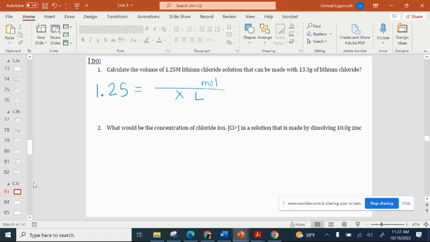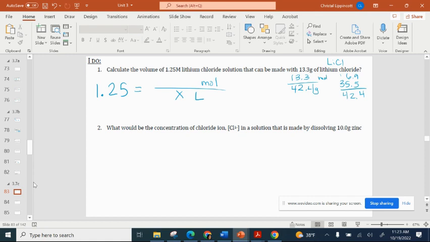Okay, so I need to take 13.3 and divide that by what? First of all, you got to know the formula for lithium chloride. LiCl. Okay, so I need a lithium and a chlorine. So that's 4, carry the 1, 2, carry the 1. So there is my molar mass for lithium chloride.